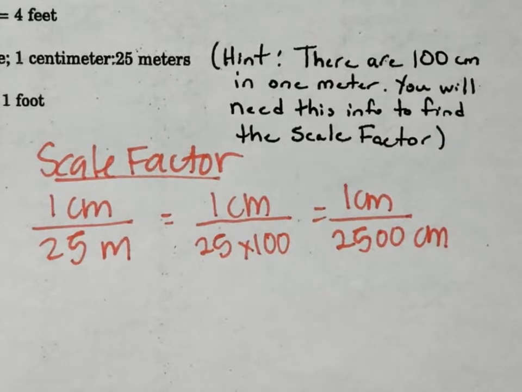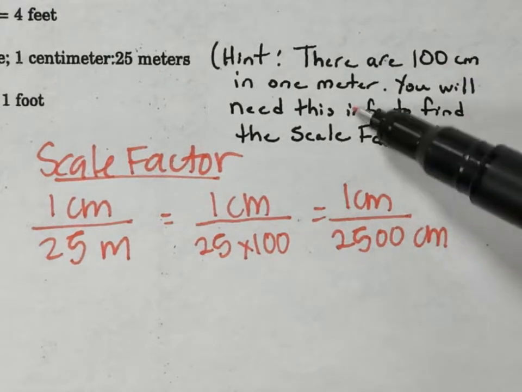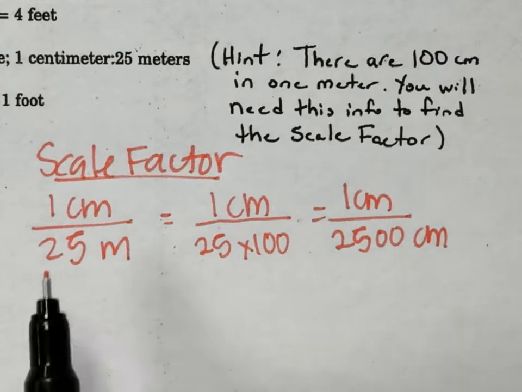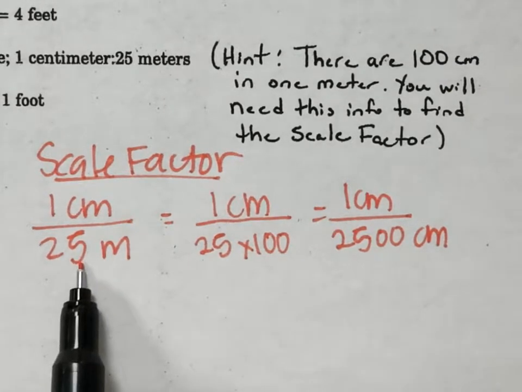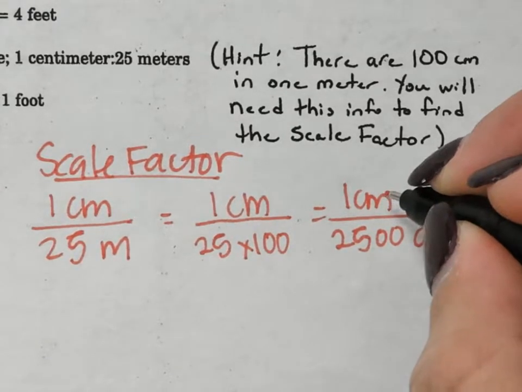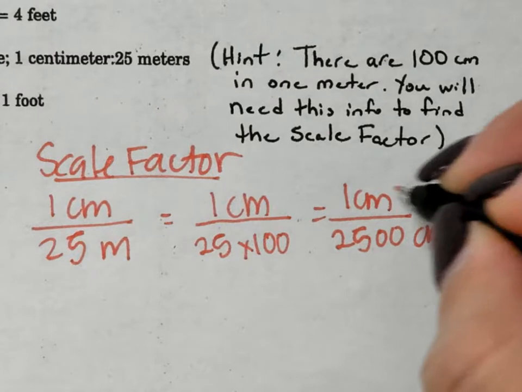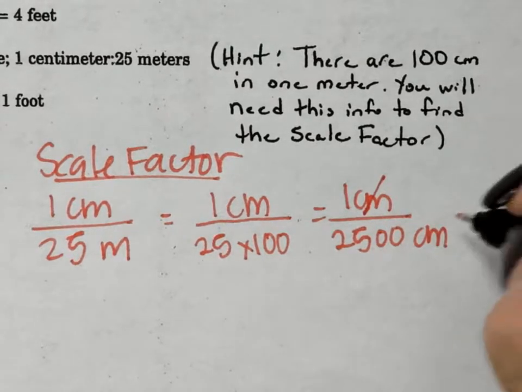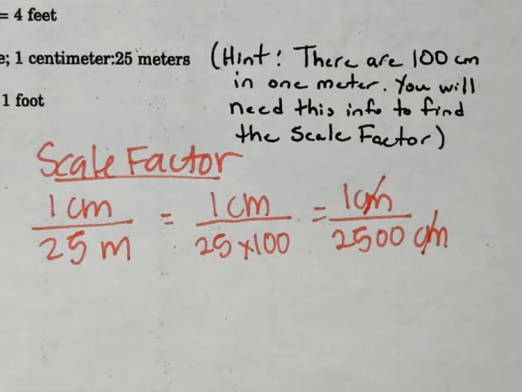Does everybody see how I got that? It tells me that there's 100 centimeters in 1 meter. So you multiply however many meters you have by 100. So now that my units are the same, what can I do with them? Cross them out.